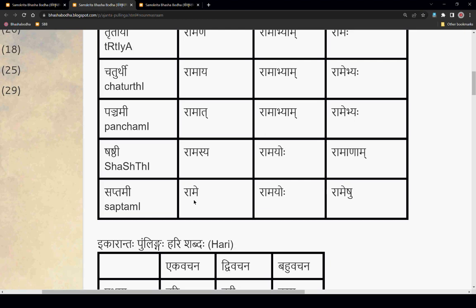And similarly, in the forests, Bahuvachanam, in the forests, there are birds.